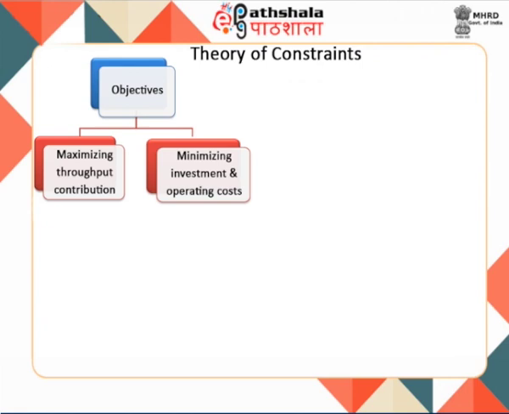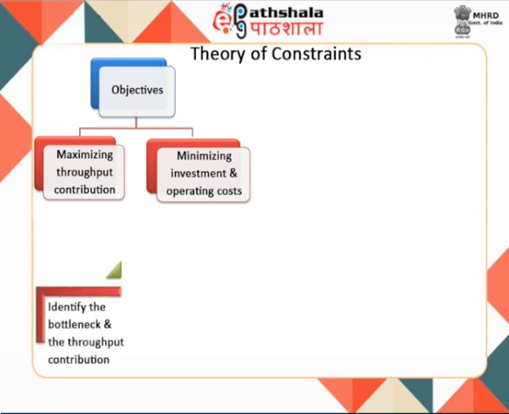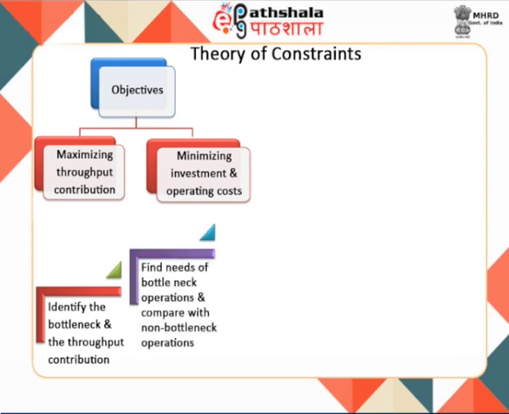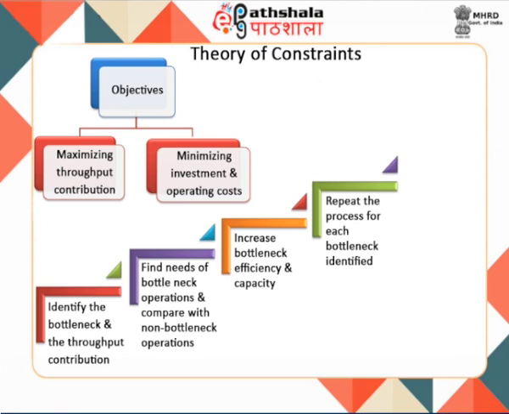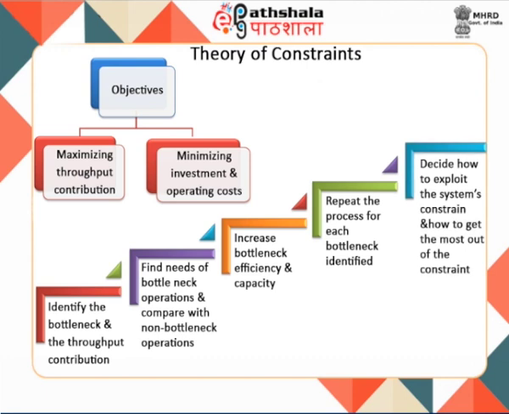Steps under TOC. Number 1, identify the bottleneck and the throughput contribution. 2, find needs of the bottleneck operations and compare with non-bottleneck operations. 3, increase bottleneck efficiency and capacity. 4, repeat the process for each bottleneck identified. 5, decide how to exploit the system's constraint and how to get the most out of the constraint.